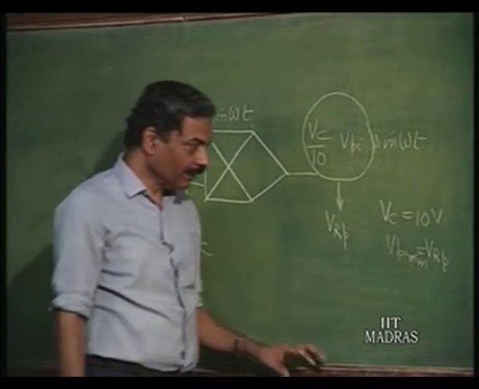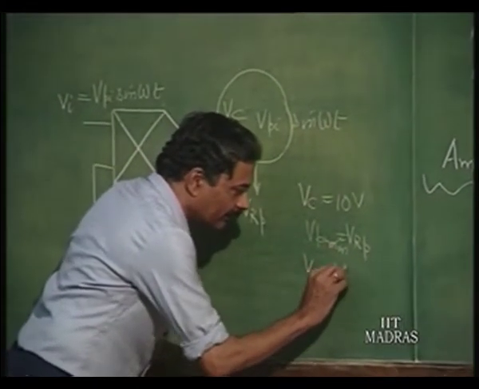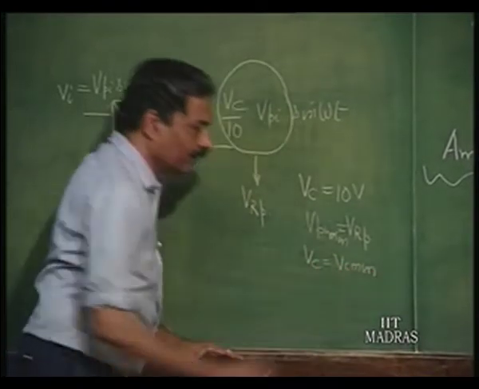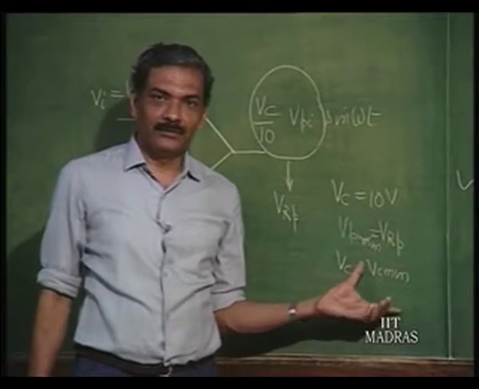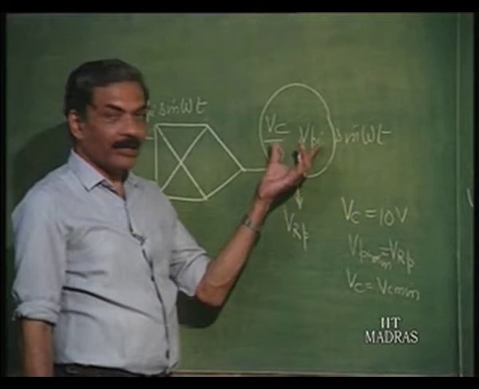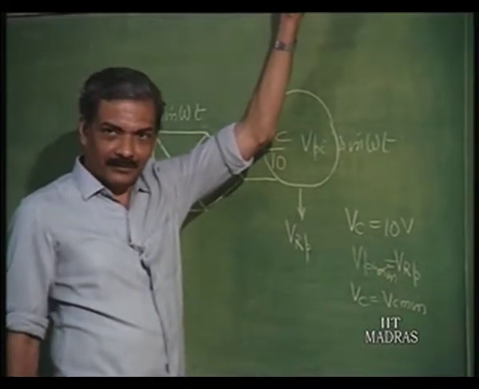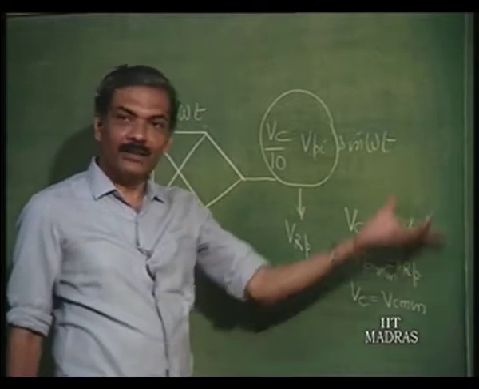That is number 1. Then, when Vc is equal to Vc minimum possible. Now, Vc minimum can be very nearly 0. Vpi can be any large value, right. So, any large value greater than Vrp it could be.